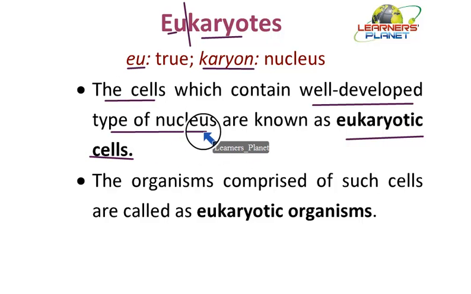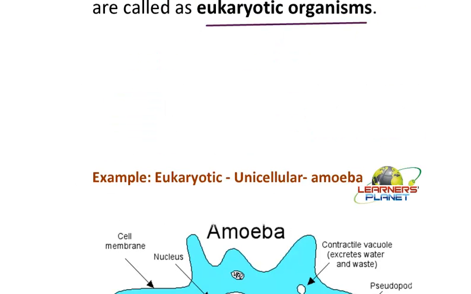So any cell which contains such a typical nucleus with a nuclear boundary or membrane is known as a eukaryotic cell. And the organisms which are made up of such eukaryotic cells are known as eukaryotic organisms.